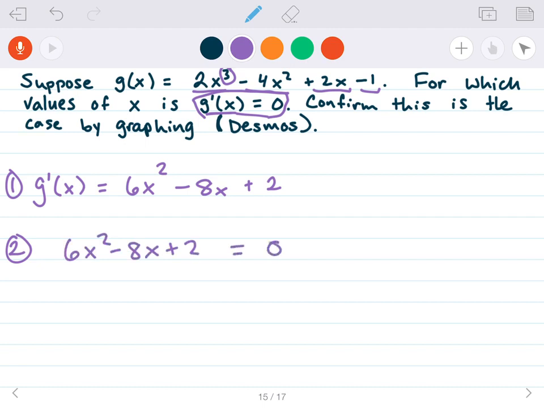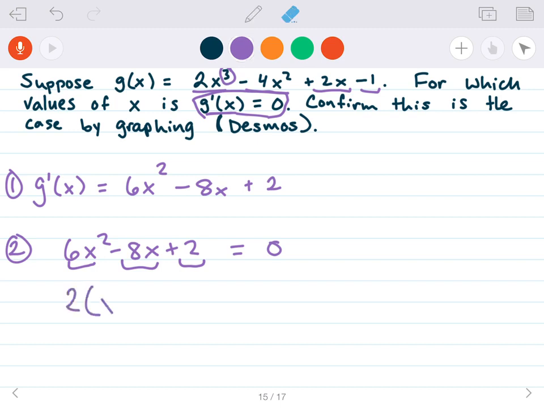Now, the first thing I notice is that this is a quadratic. And so I can use the quadratic formula. But before I even do that, I notice that each of these terms can be simplified a little bit. Right? We can take out a 2. We can divide everybody by a 2.